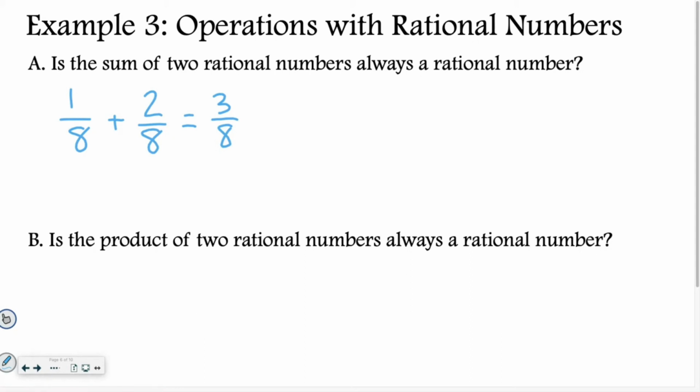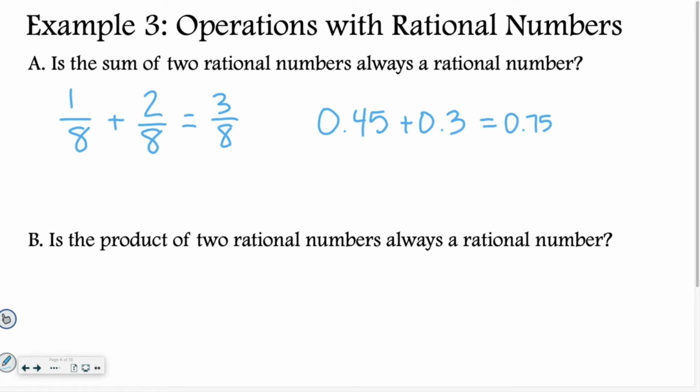Because it's another fraction. What if we did 0.45 plus 0.3? Those are both rational numbers. They're decimals that end, right? And it would be 0.75, which is another rational number.